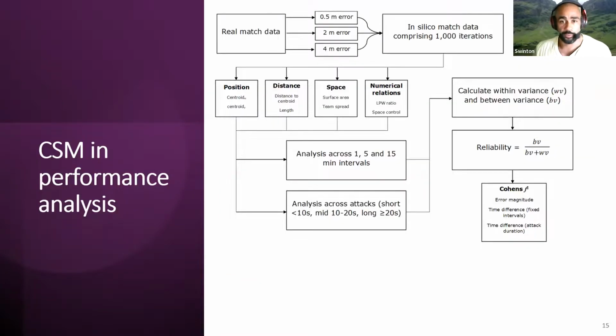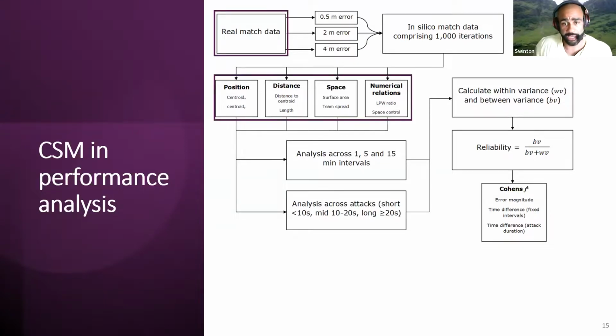So what we did is we started with real positional data collected from players during elite international matches. Using this data, we calculated a range of popular spatial temporal metrics, including surface area, space control, and so on.